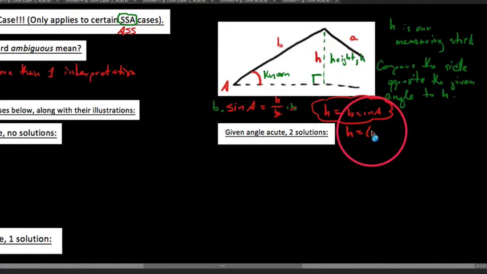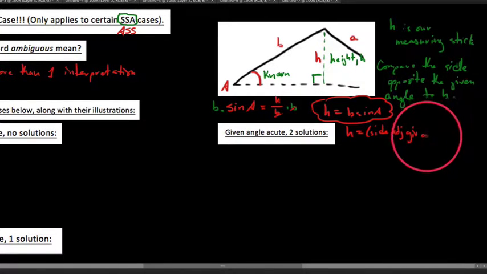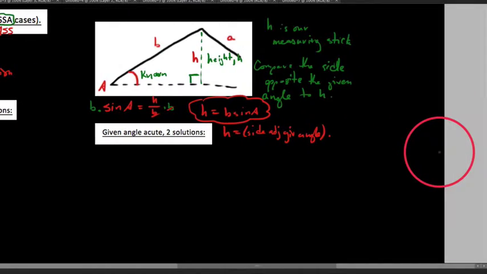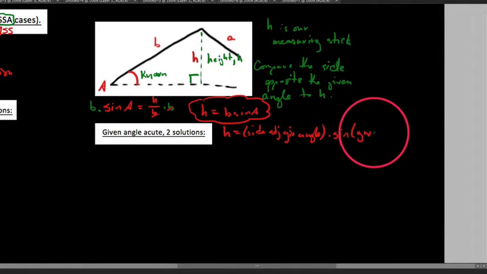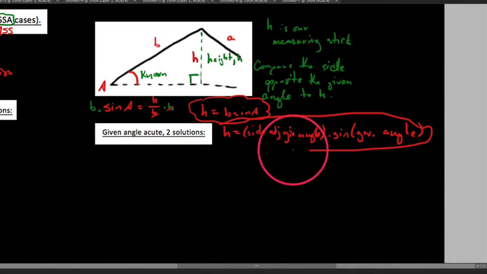And so what I'm going to write is this: side adjacent given angle, I just don't have a lot of room, guys, sorry, so I'm going to write this times the sine of the given angle. We're really gonna want to be looking at this number from time to time to assess the situation.